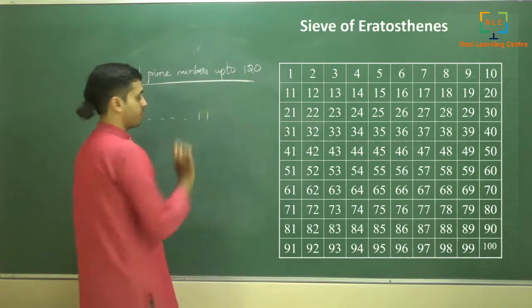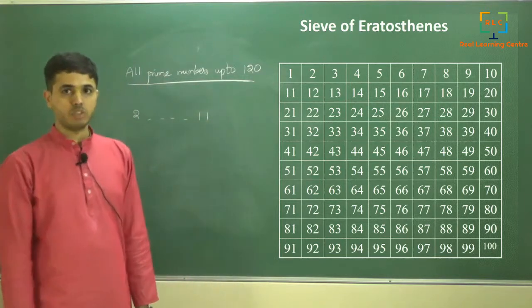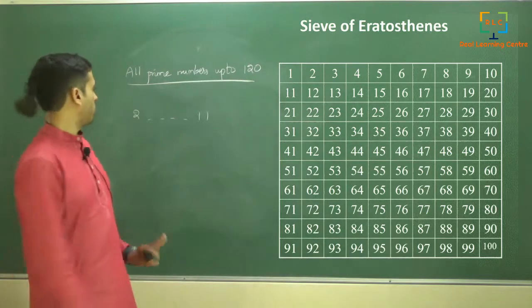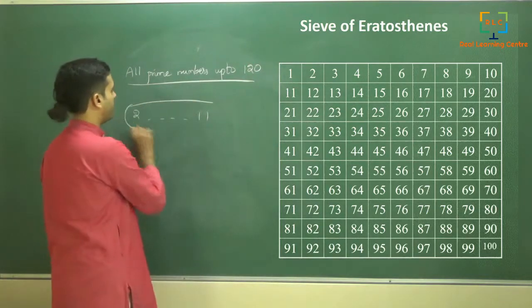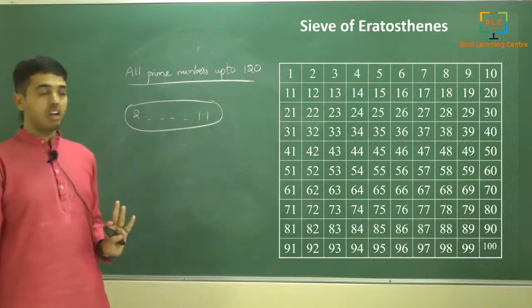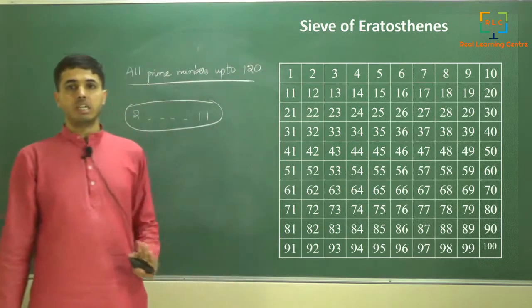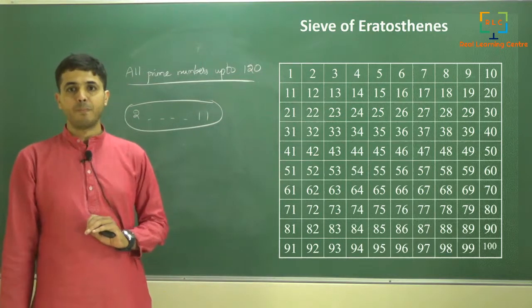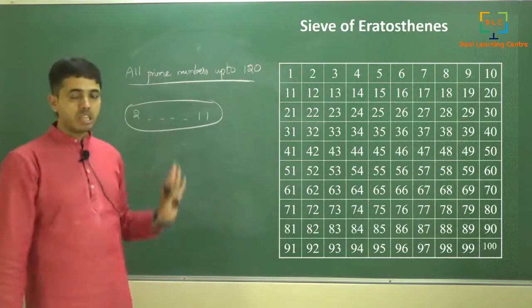So up to 11, since the square root of 121 is 11. If I am able to check for divisibility starting from 2 up to 11 for all these numbers, that's enough. Okay, now let's start.